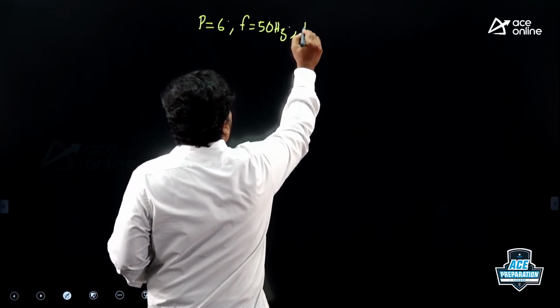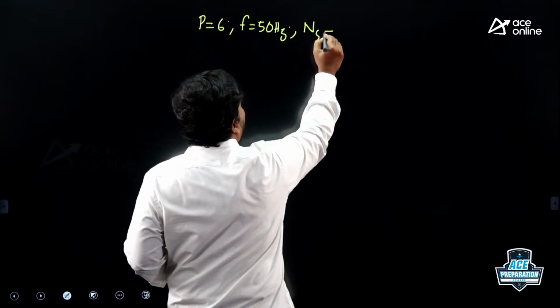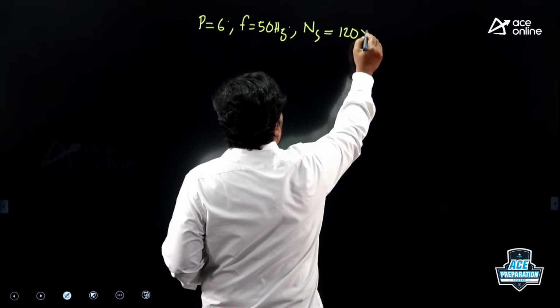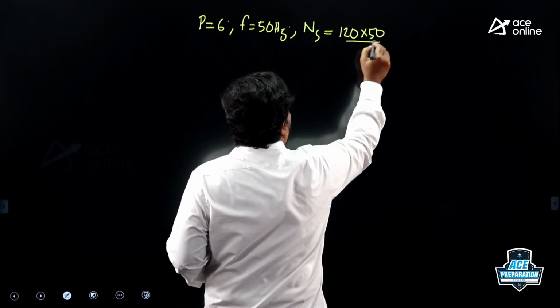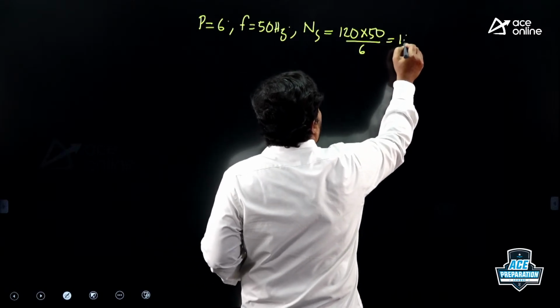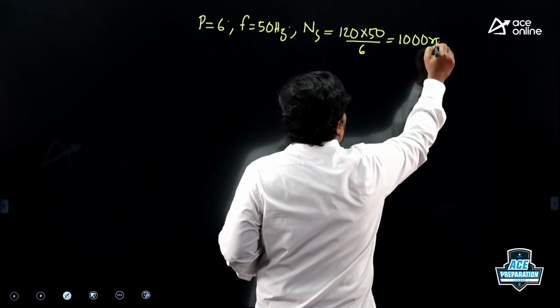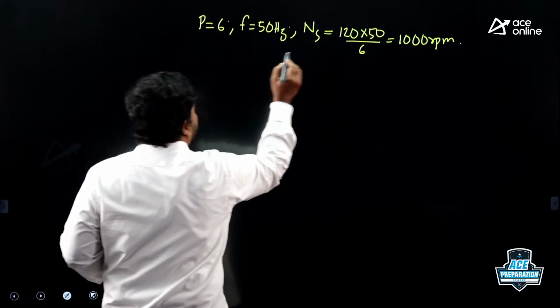Then what is the synchronous speed? Ns is equal to 120 into 50 by 6. How much is it? 1000 rpm. The field speed is 1000 rpm.